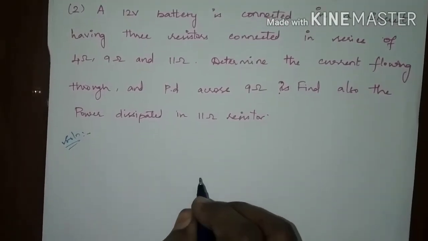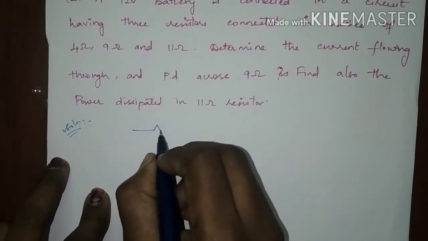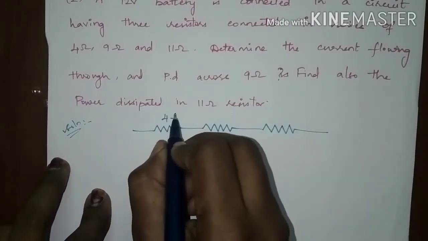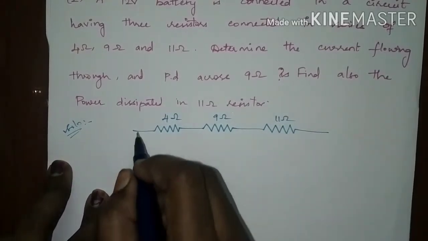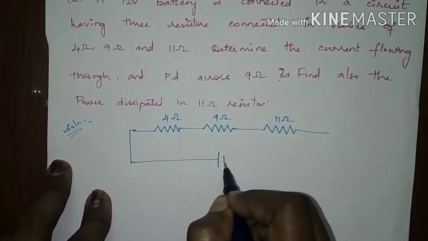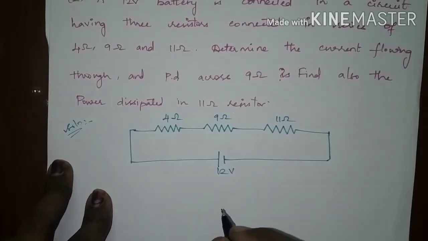So, let us draw the circuit diagram. 3 resistors which are connected in series. First resistance is 4 ohms, 9 ohms and 11 ohms and it is connected to the battery of 12 volt. So, the supply voltage is 12 volt.